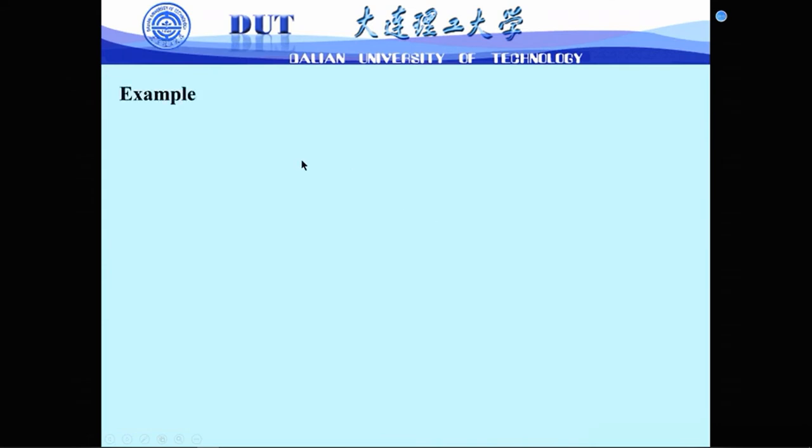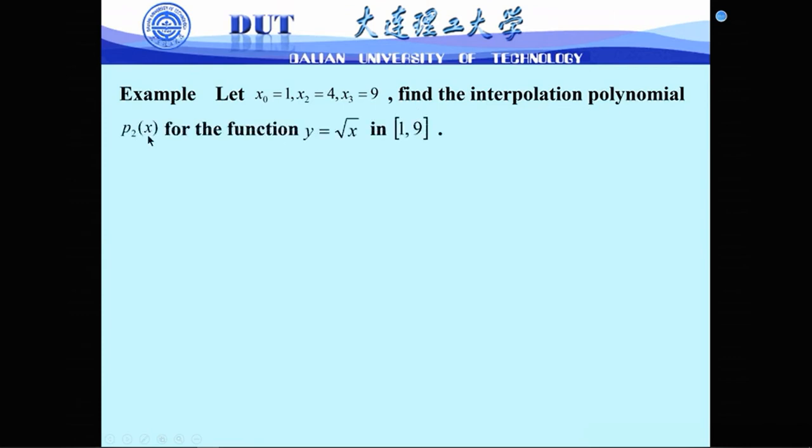Okay, let's consider an example. Let x0 equal to 1, x1 equal to 4, x2 equal to 9. And we need to find the interpolation polynomial P2 because we are given three data points, right? Actually, these data points can be sampled from the function y equal to square root of x.